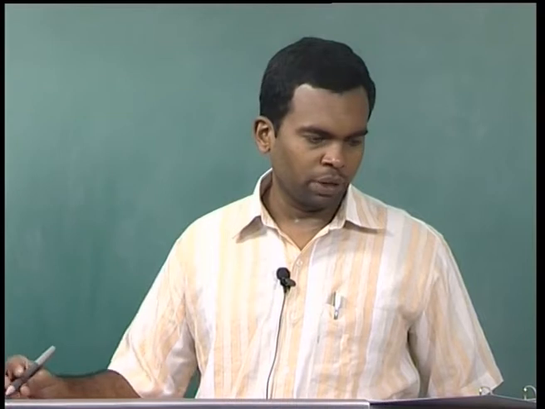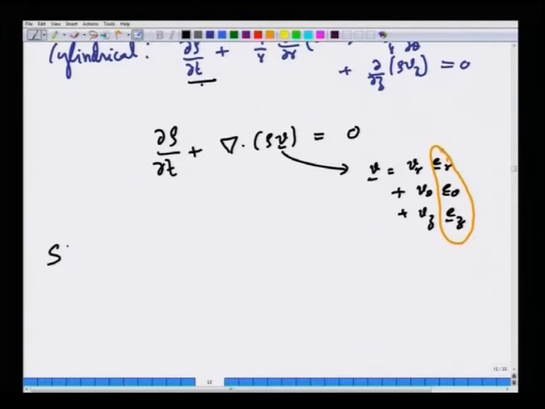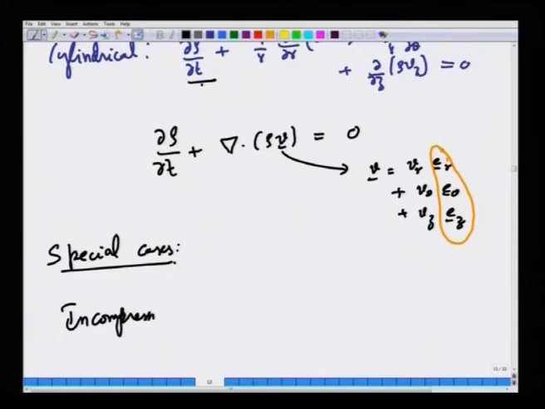Now, let us also simplify the continuity equation even further. Let us consider some special cases. For an incompressible flow, an incompressible flow is defined as a flow in which the density remains a constant, it is independent of pressure.